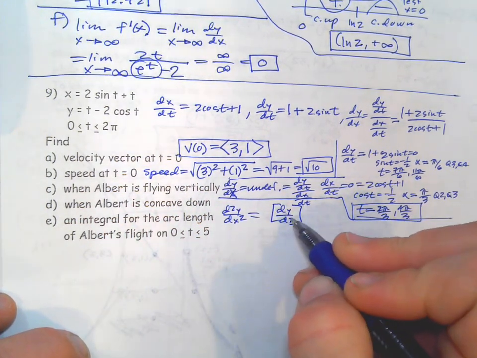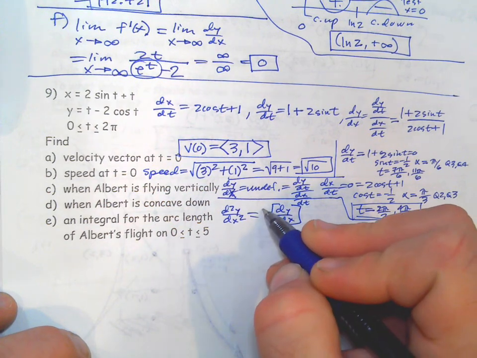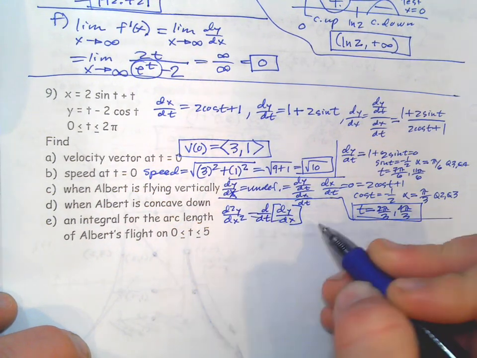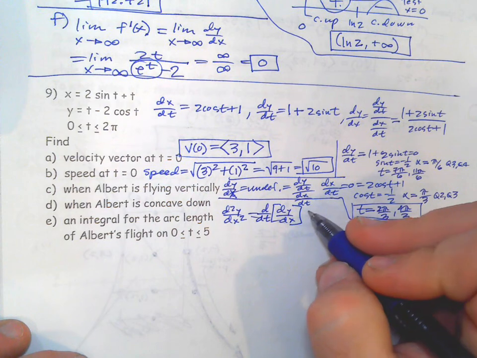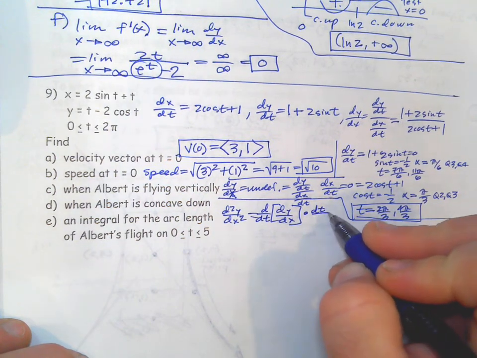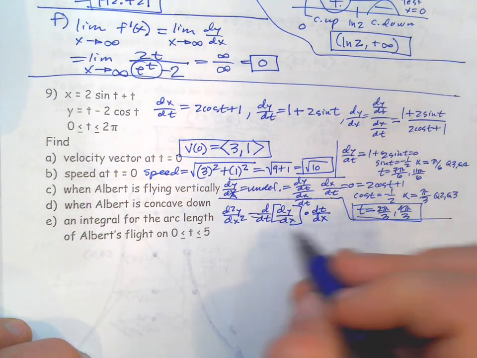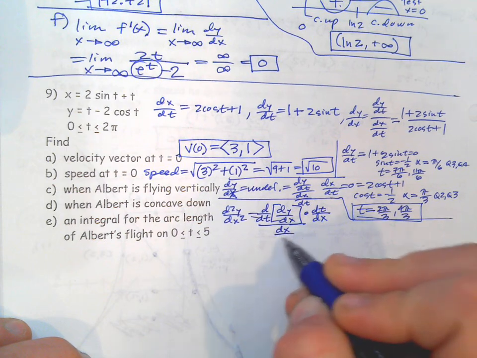The problem is it's in terms of t. So implicit differentiation says take the derivative with respect to the variable that's there, and then follow it up by the derivative of that variable with respect to the variable that you want. And then we usually put this down here in the bottom.